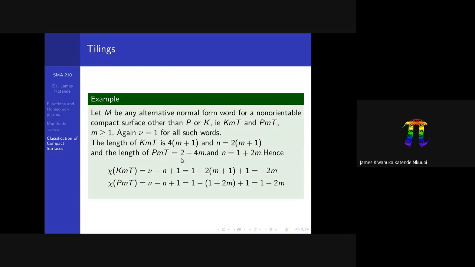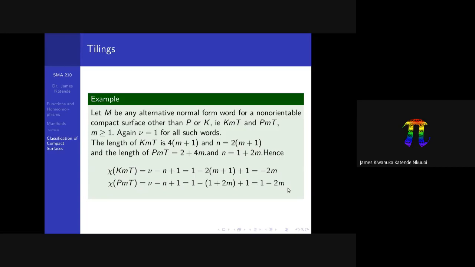So if you have M copies of T, the length will be 4M plus the 2 letters for the projective plane. And the number of edges will be half the length of the word, which is 1 plus 2M. Then from there, you can compute the Euler characteristic of KMT as minus 2M. I think that's correct. And the Euler characteristic of PMT as 1 minus 2M.